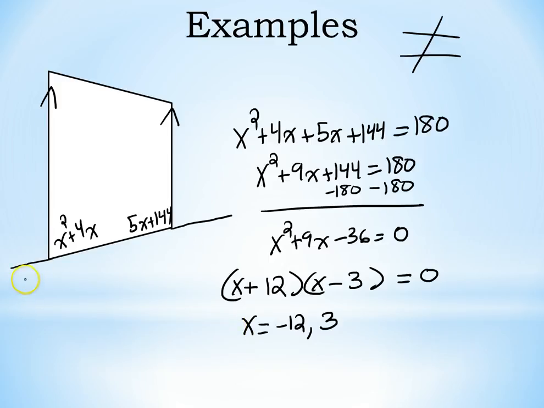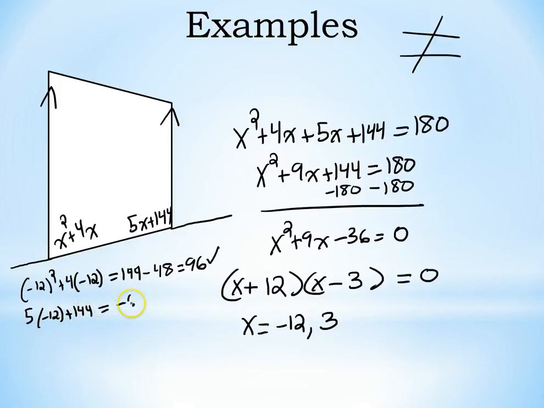So we plug in the negative 12. Well, negative 12 squared plus 4 times negative 12. 144, it's a positive, so we square negatives to get positive. Minus 48 is 96. That seems fine. 5 times negative 12 plus 144 is negative 60 plus 144, which is 84. And that's fine. They both add to 180.